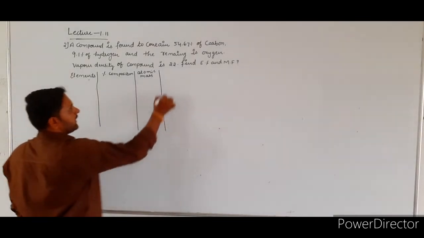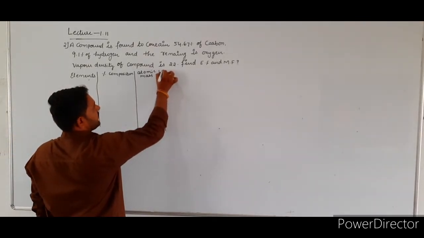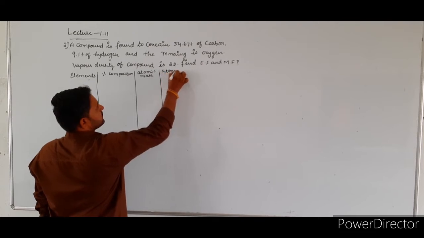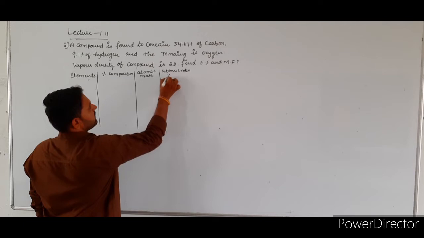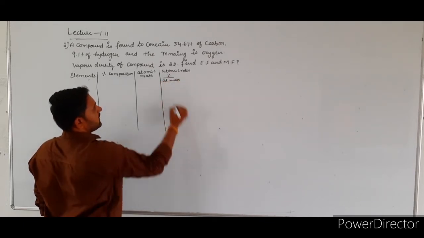In the fourth column you write atomic ratio. Atomic ratio means the percentage divided by atomic mass.